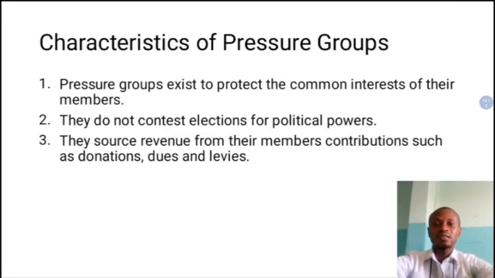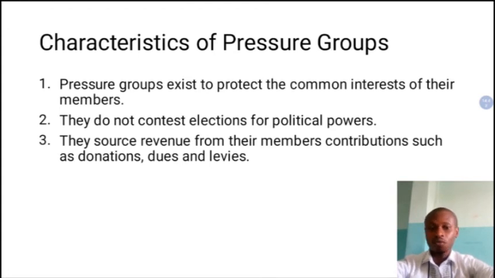Now let's go to the characteristics of pressure groups. The number one characteristic is that pressure groups exist to achieve this singular aim: to protect the common interest of their members. That is the major aim. So all pressure groups drive towards that.